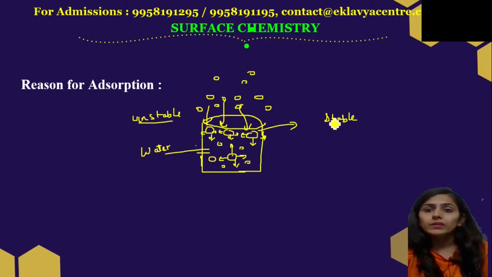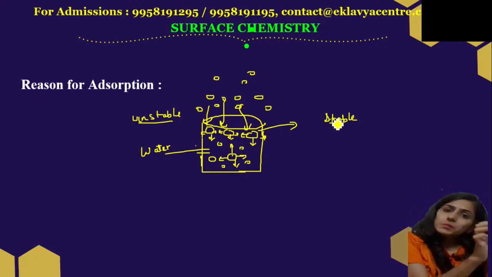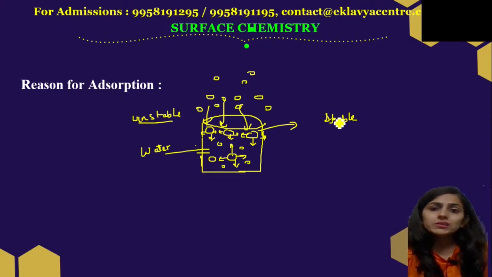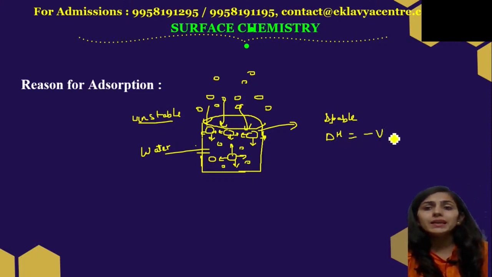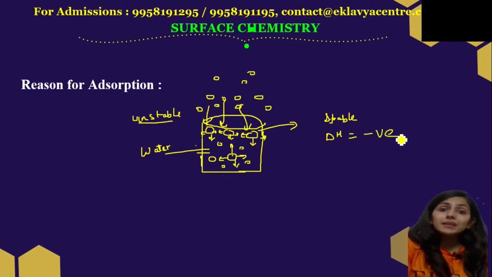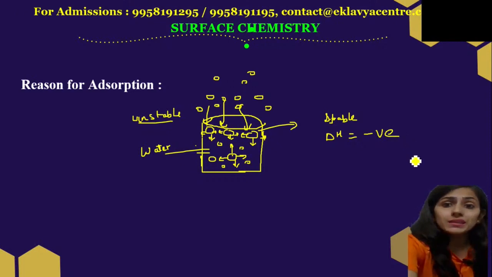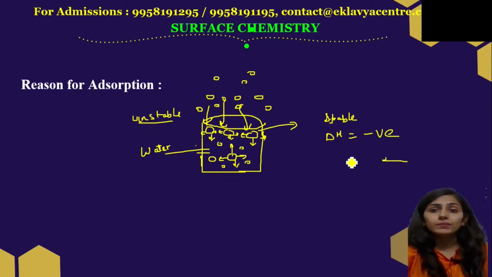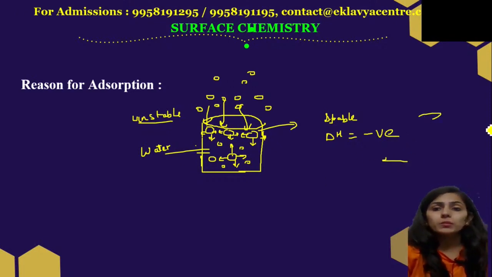When an unstable thing gets converted into stable, what happens to energy? Enthalpy decreases. It's an exothermic process because it has become stable, so the energy becomes lesser. So delta H is negative, in other words, this process is exothermic, right?